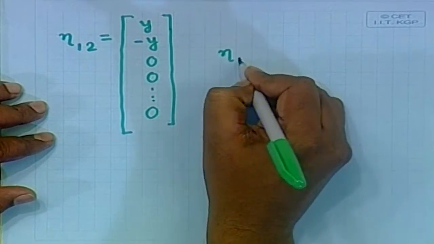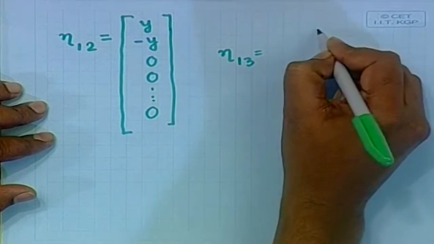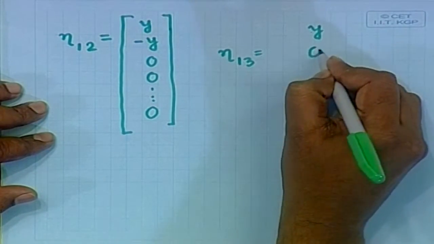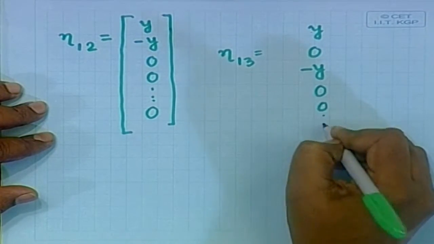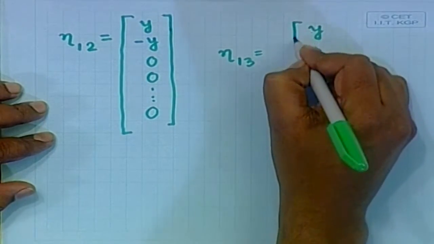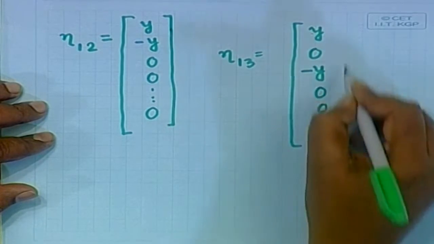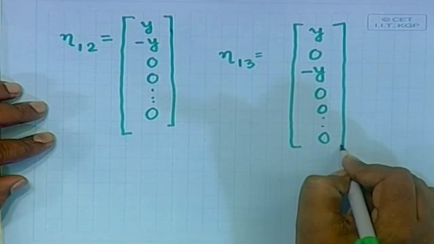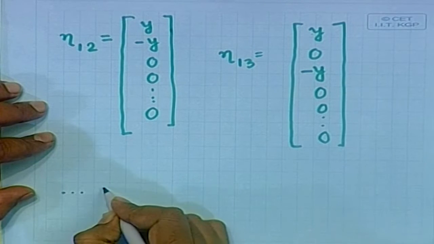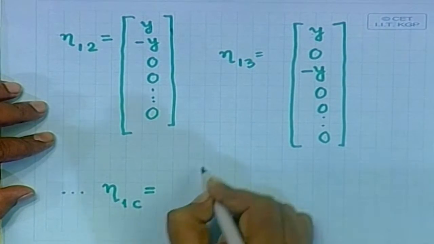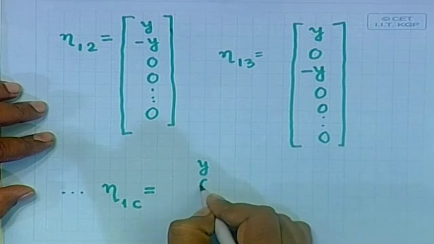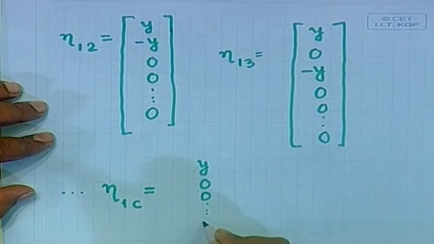Eta_13 will be y, 0, minus y, 0, 0, 0. It will continue like this. Eta_1C will be y, 0, 0, 0, minus y.